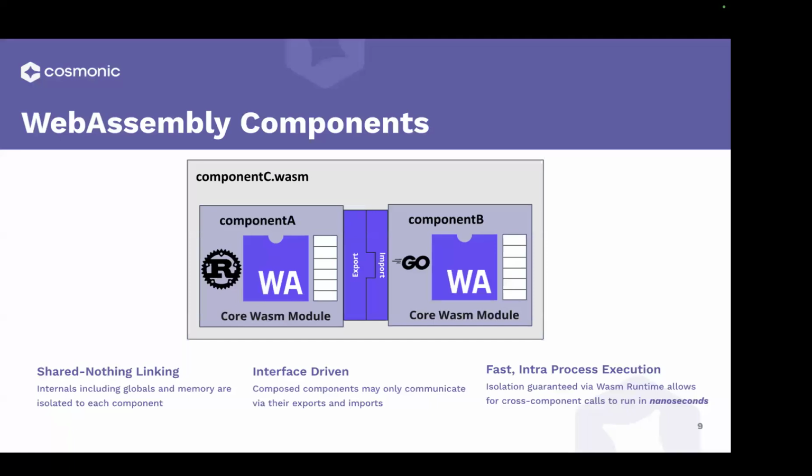So if you happen to have something that's insecure, maybe it's a customer component that you want to run within your ecosystem, then you can do that without exposing the internals of your system and the memory that's allocated to that. So that's beneficial for running customer workloads or plugins or things that are untrusted. But yeah, as Liam said, it's not happening across the network, it's happening in process. So it's nanoseconds as opposed to milliseconds.